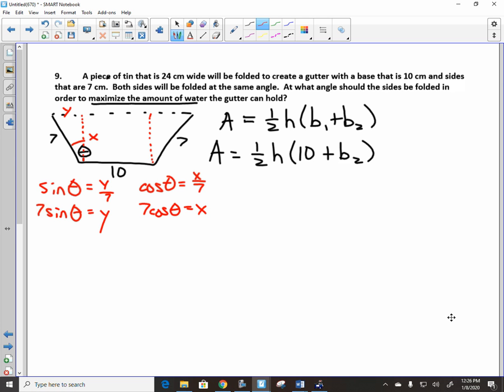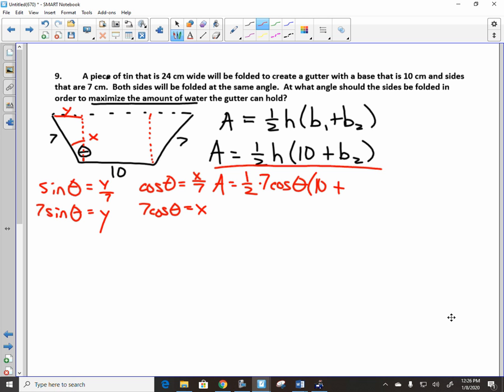So in this expression right here, what does x represent? That's the height. So the area is equal to 1/2 times the height, which is 7 cosine of theta, times 10 plus, we have this top base up here.